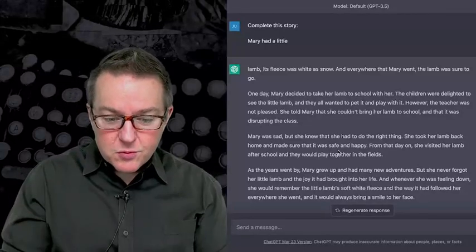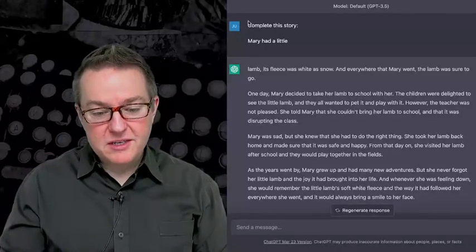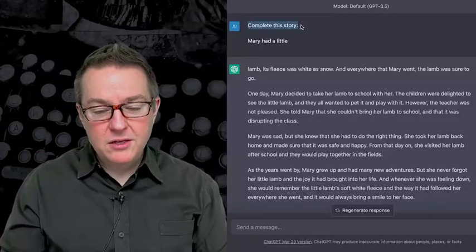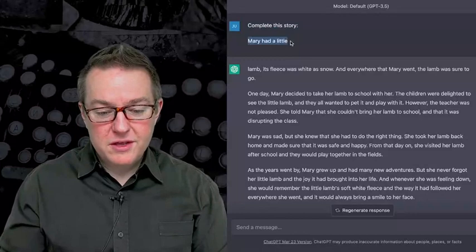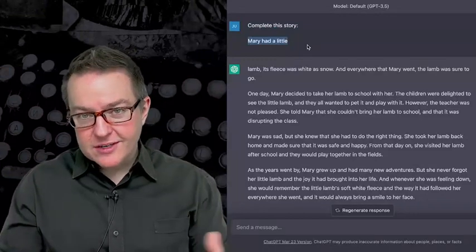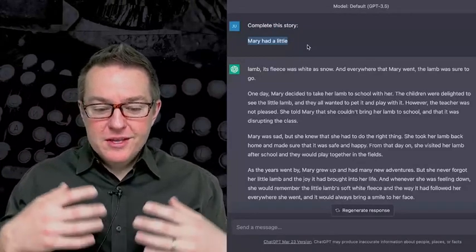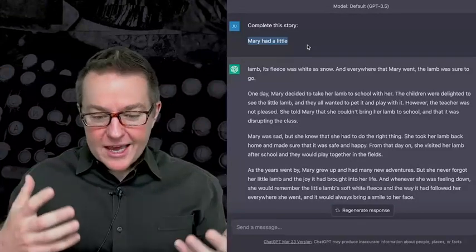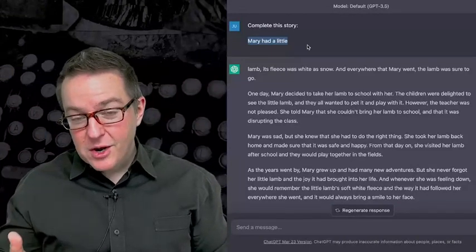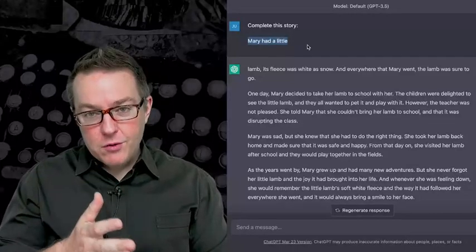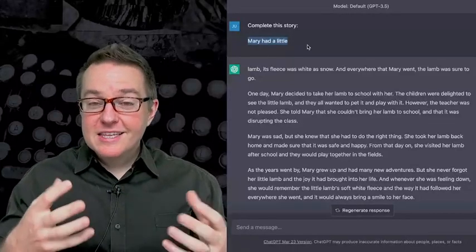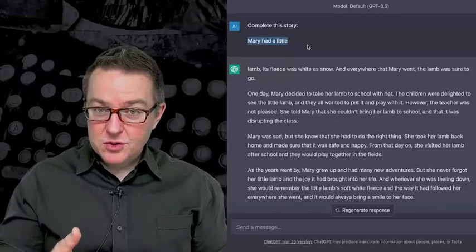Now, this is a really simple example of this concept. I'm going to tell ChatGPT, complete this story, and I start with, Mary had a little, and I stop. Now, if you know the nursery rhyme, it's Mary had a little lamb, its fleece was white as snow. You can imagine that this story showed up over and over in the data that ChatGPT was trained on.